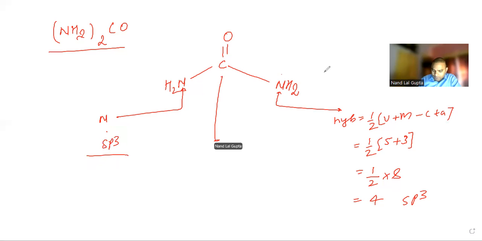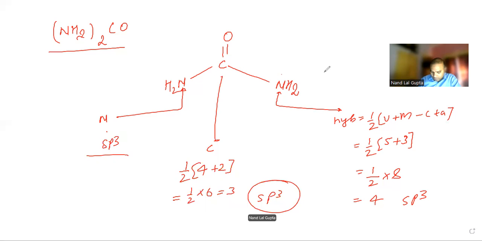If I go for the carbon, 1 by 2, V is 4 electrons, monovalent is 2, no cation or anion. So 4 plus 2 is 6, 1 by 2 into 6, it is going to be 3.